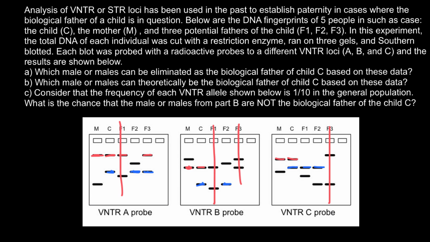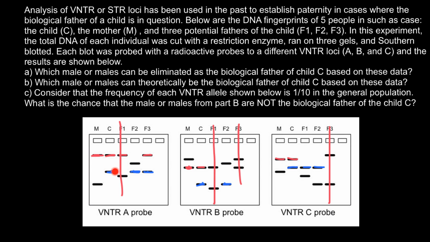Question C. Consider that the frequency of each VNTR allele shown below is 1/10 of the general population. What are the chances that the male or males from part B are not the biological father of child C? So basically, we know that this allele has been contributed by the mother.